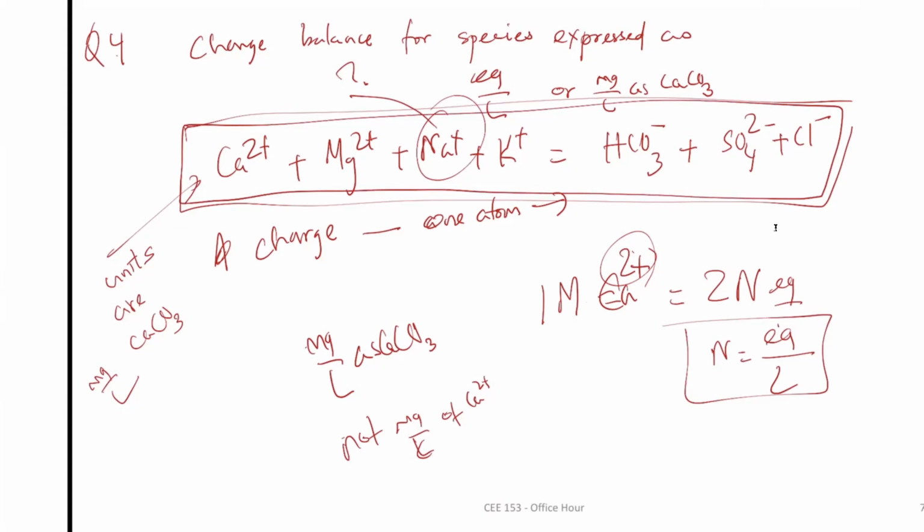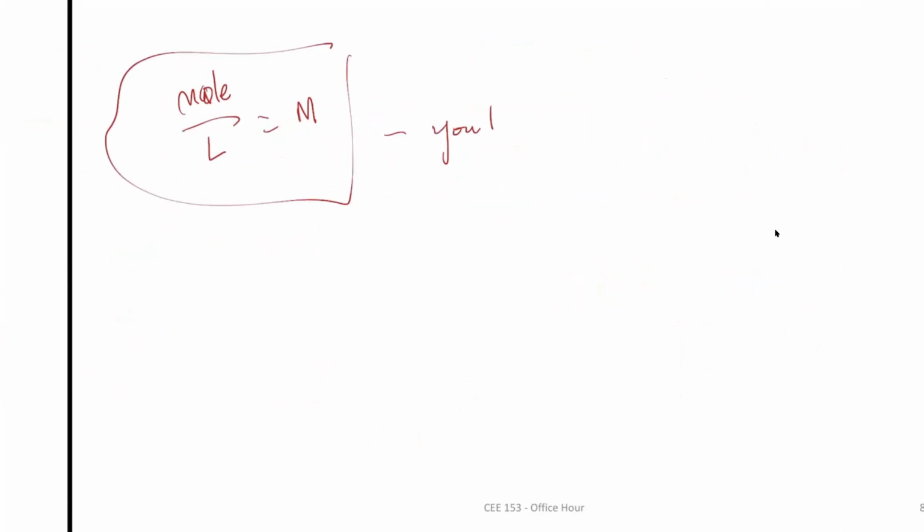Think of it this way, because a lot of this might be confusing. Anytime you are using moles per liter, or molarity, you have to account for charge in reactions.